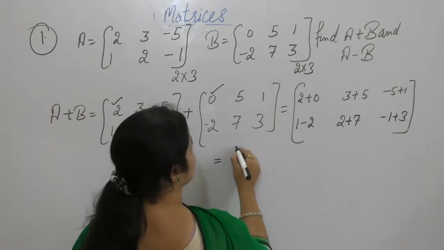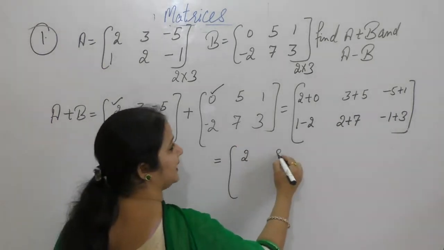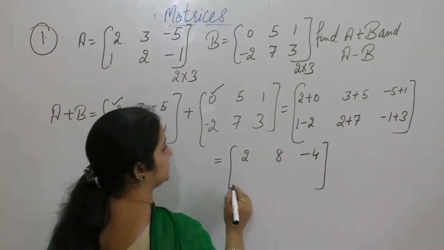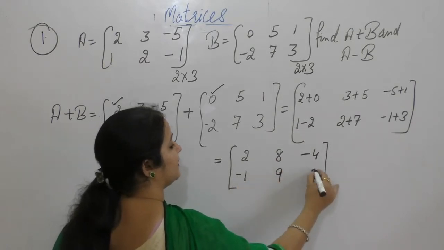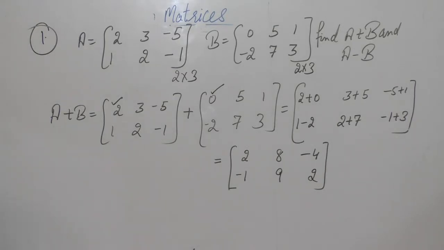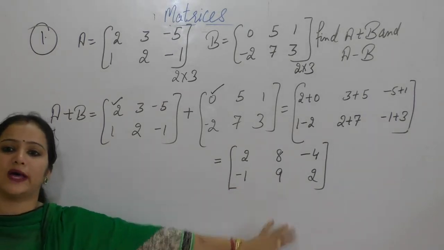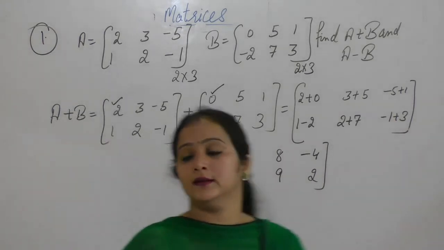So A plus B is equal to 2, 5 plus 3 is 8, minus 5 plus 1 is minus 4, 1 minus 2 is minus 1, 2 plus 7 is 9, and 3 minus 1 is 2. So A plus B is [2, 8, -4; -1, 9, 2]. So what we have done?